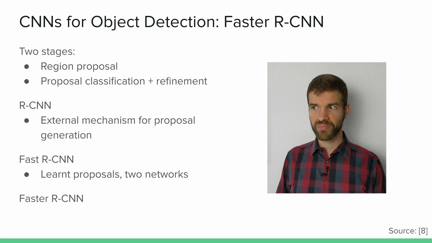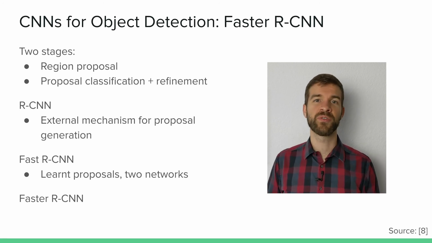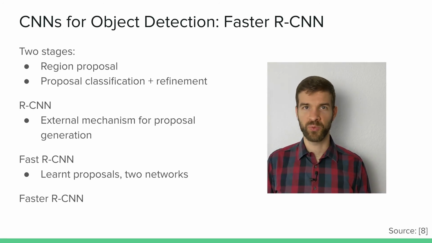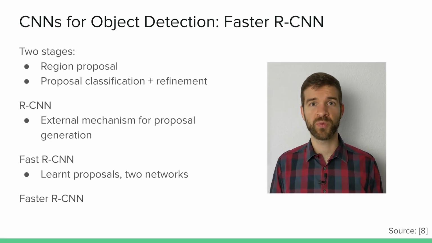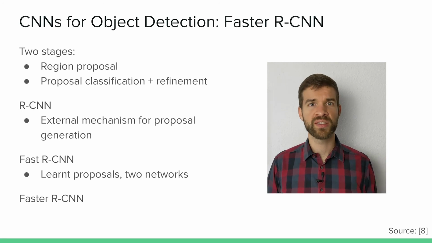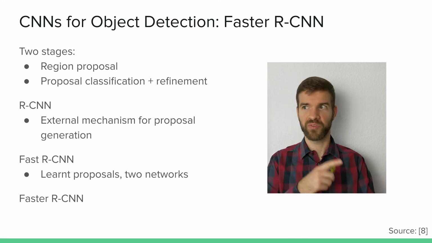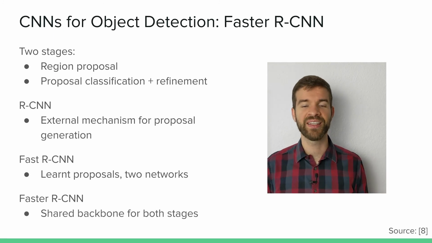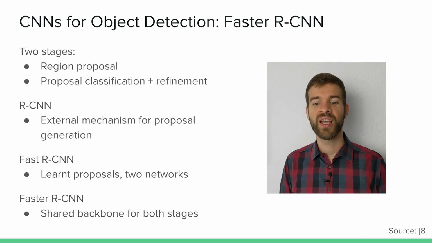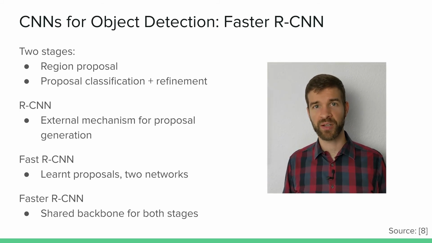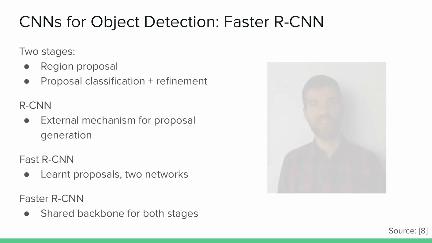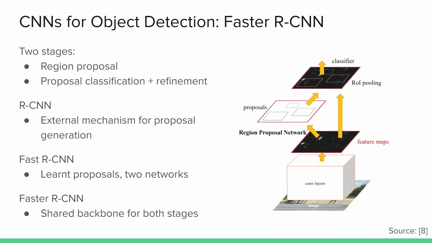And the last improvement or the last evolution of this was to say, okay, well, we have two networks that are extracting features from the image, that are working with the image. Why not join them in a single network and have multiple heads and then feed back into this? And this is exactly what faster RCNN was doing. So we have one neural network and that has a so-called shared backbone for extracting features. And then we have the following architecture where we extract region proposals.